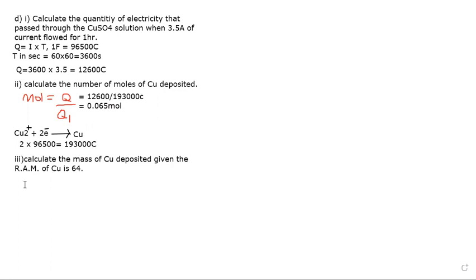In part 3, it asks us to find the mass. And we know that mass is equal to mole times molar mass. So that would be equal to 0.065 times 64.